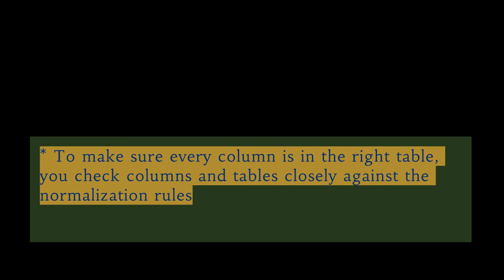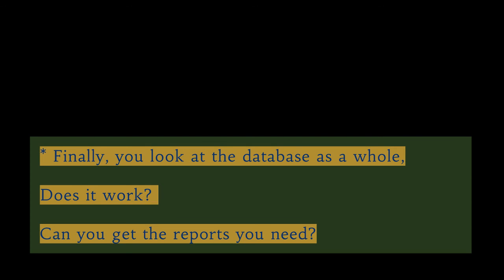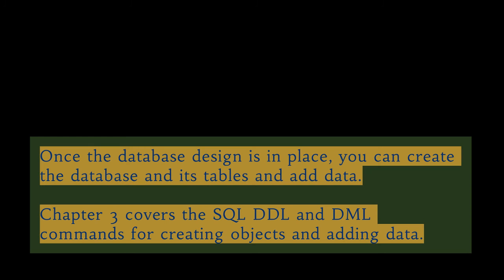To make sure every column is in the right table, you check columns and tables closely against the normalization rules. Finally, you look at the database as a whole. Does it work? Can you get the reports you need? Once the database design is in place, you can create the database and its tables and add data. Chapter 3 covers the SQL DDL and DML commands for creating objects and adding data.